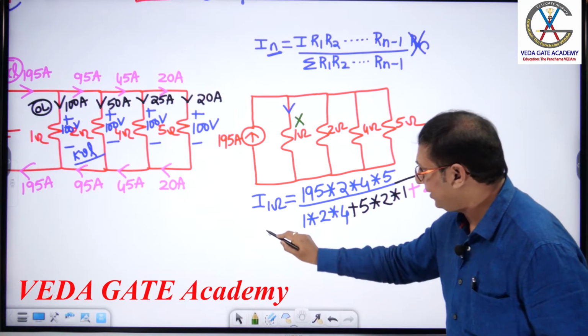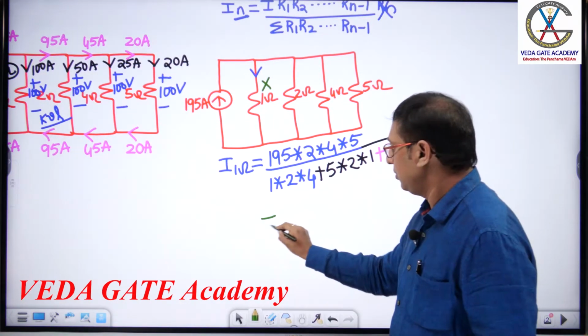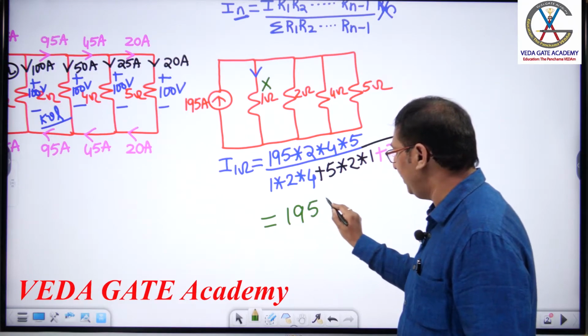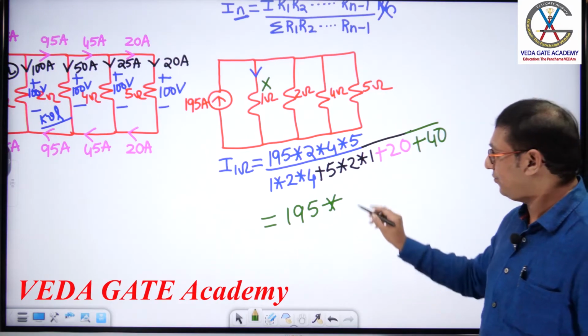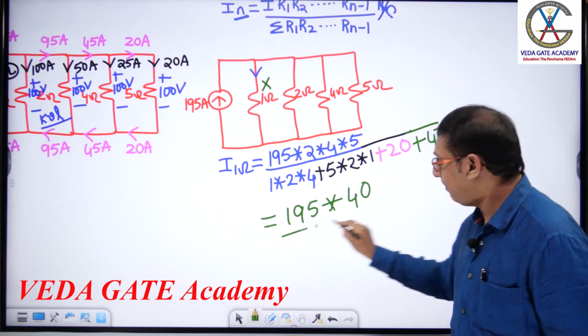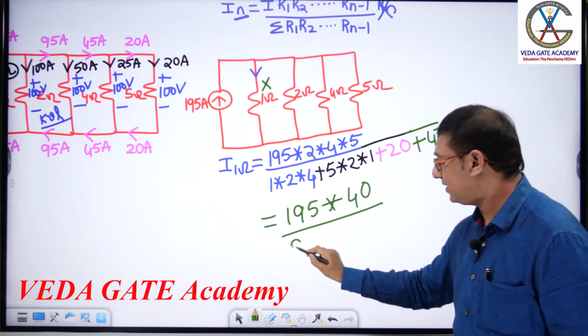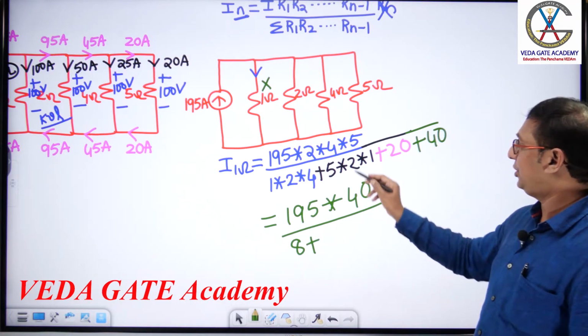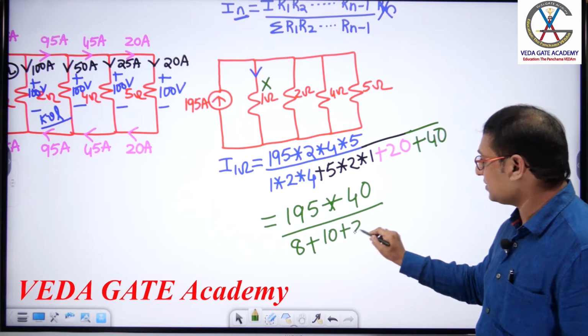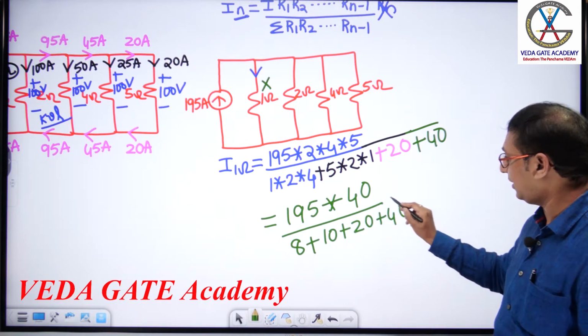Finally, what is this value? 195 into 5 fours are 20, 20 twos are 40, divided by denominator 4 twos are 8 plus 5 twos are 10 plus 20 plus 40.